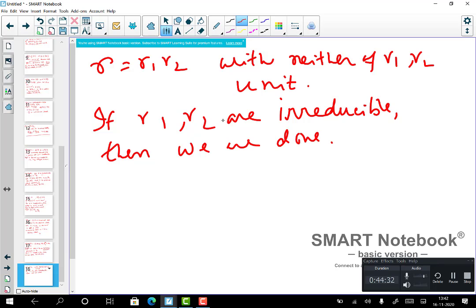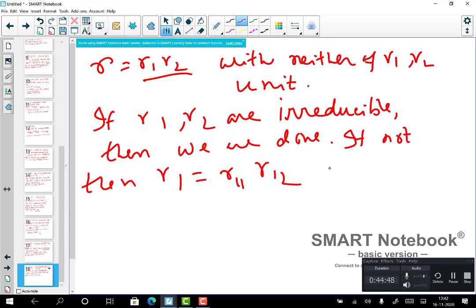This is the term which started here. If not, then you can further write R1 as R11 and R12, something further. Okay, and so on, right?